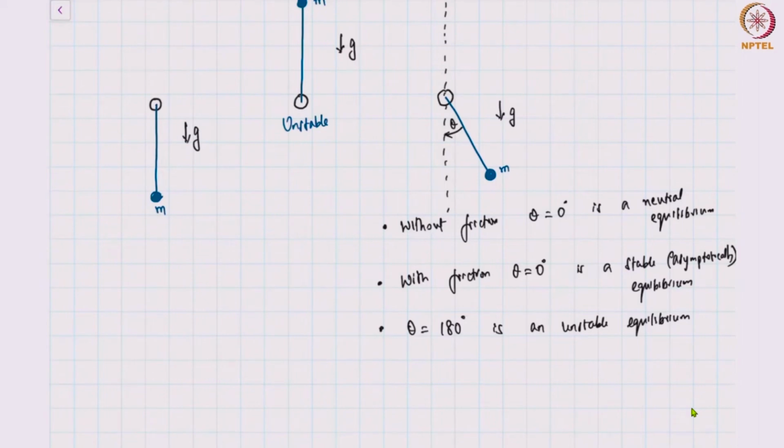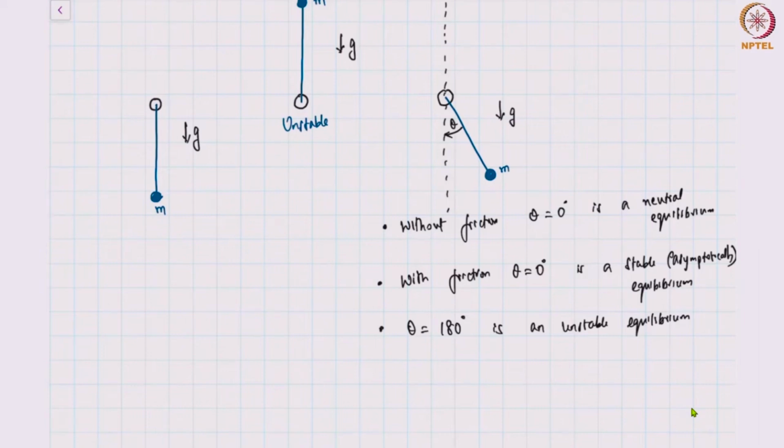One can expand on this quite a bit, but we have seen three cases. A case where we have damped oscillations. The second one is where we have undamped oscillations. Undamped oscillations would occur for a neutral equilibrium.